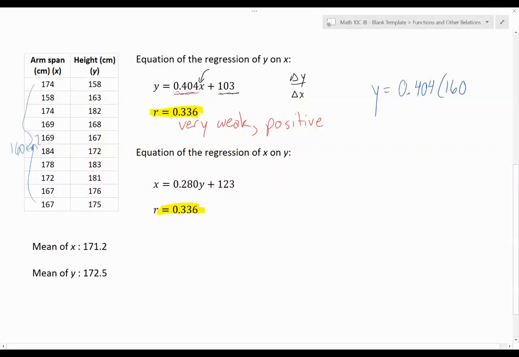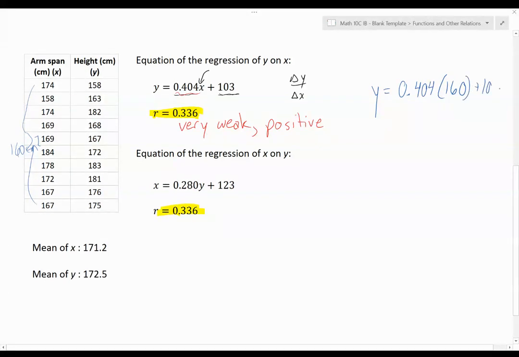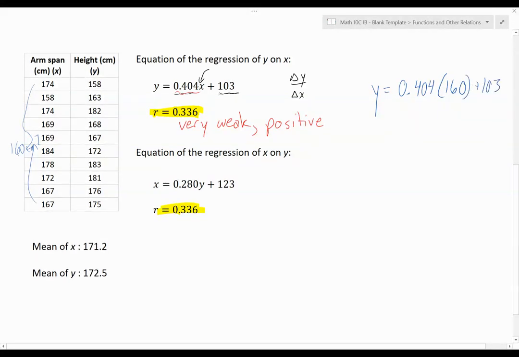And then I would add the 103, and that would give me approximately 167 centimeters. So I could make that prediction. Again, I would take it with a grain of salt. It's not a strong prediction, but it's reasonable to assume they would be somewhere in that vicinity.